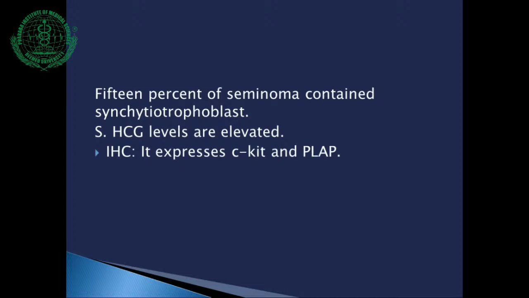That means the antigen is present in the tumor tissue, an antibody against it is added, and the chromogen is added to identify the reaction. In this advanced technique, it expresses c-kit and PLAP. These are the antigens which are present in the tumor tissue. PLAP is placental alkaline phosphatase.